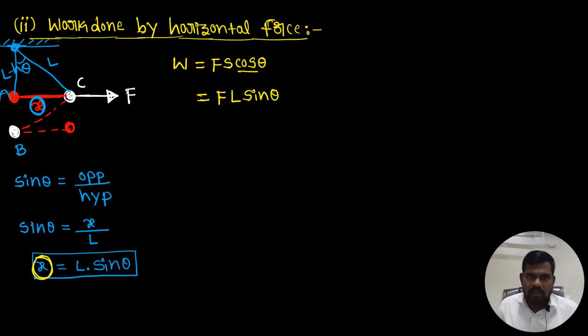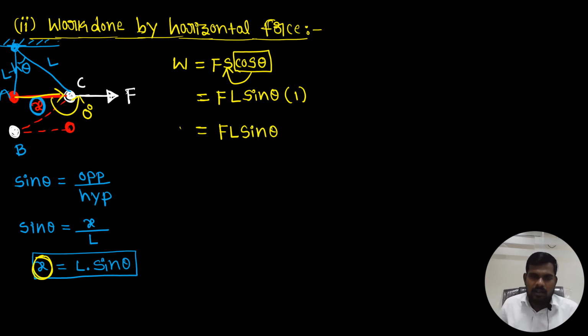But here in cos theta, theta is the angle between force and displacement. Here both are in the same direction. This is the displacement and this is the force. The angle between these two is 0 degrees. Then cos 0 value is 1. That is equal to FL sine theta. W is equal to FL sine theta. This is the final answer, the work done by the horizontal force.